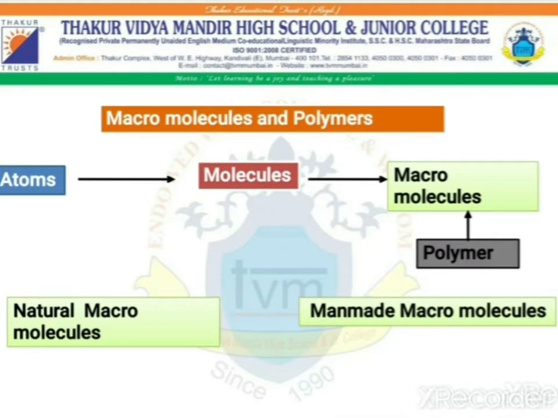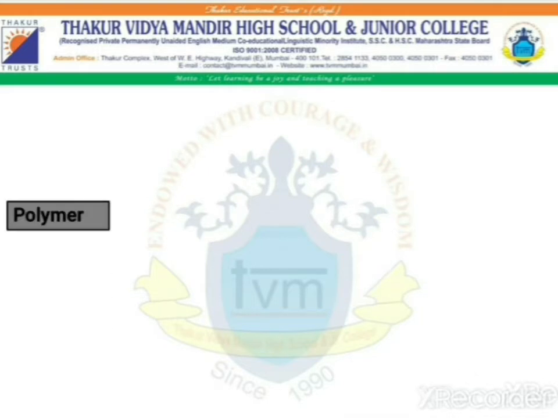Man-made macromolecules were produced for the first time in the laboratory and factory with an intention to invent an alternative for rubber and silk. Today, man-made macromolecules are used in every walk of life. So these are the two categories of macromolecules, natural and man-made. Both these categories are included in polymers.